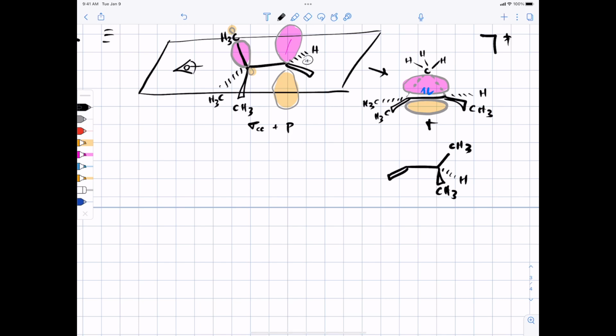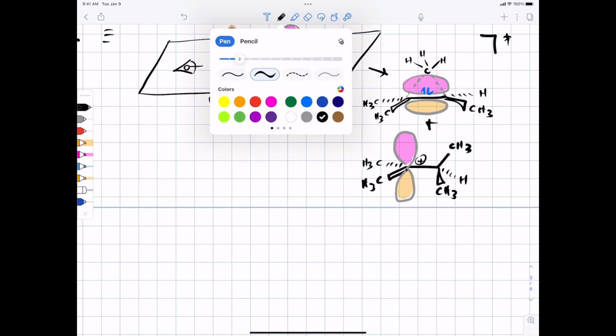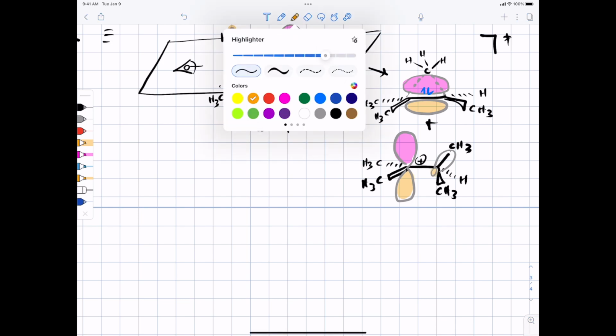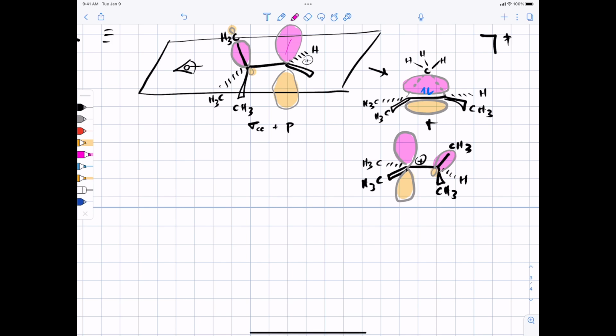Now we have the opposite situation, where on the other carbon we have a positive charge represented by this empty p orbital. Then we'll put that positive charge here and show the carbon-carbon bond here. You see how we can smoothly transition from the one to the other simply by moving the methyl group over?